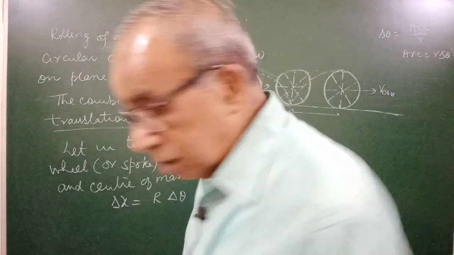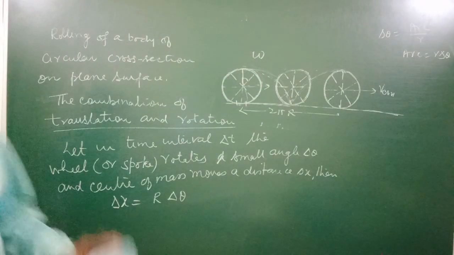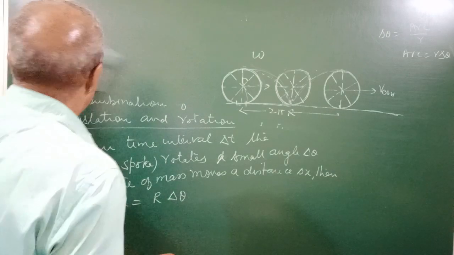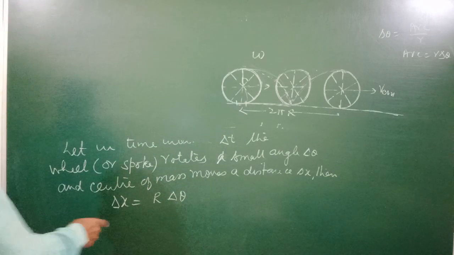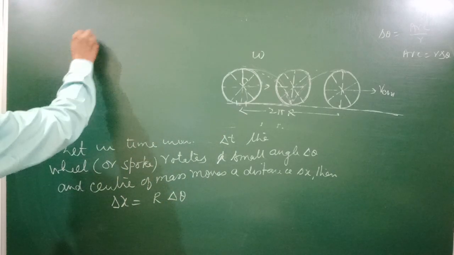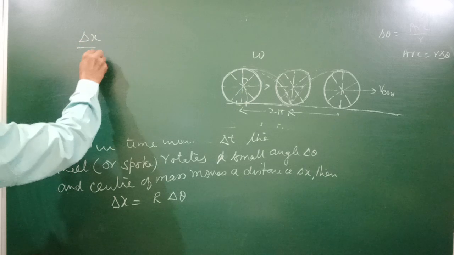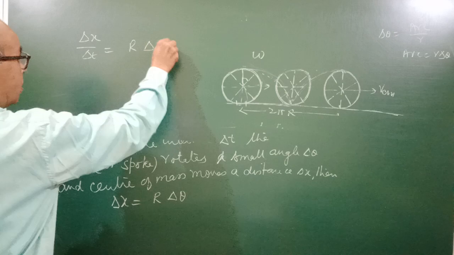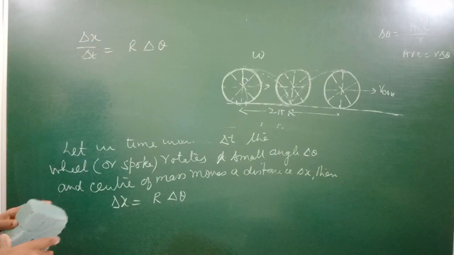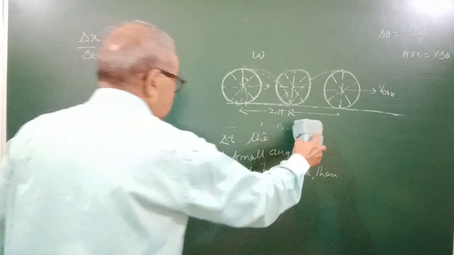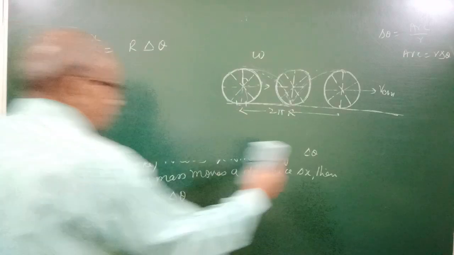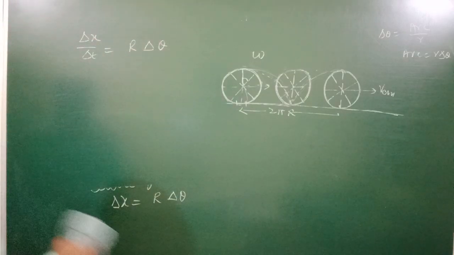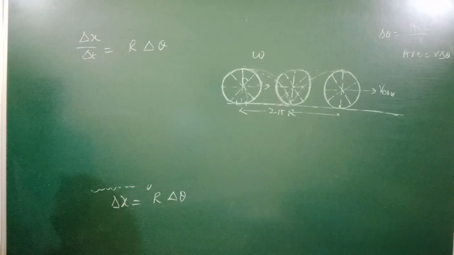So if we divide this by time delta t, what do you get? Delta x upon delta t equal to r delta theta upon delta t. Here delta x upon delta t gives the magnitude of average linear velocity, but we want instantaneous.